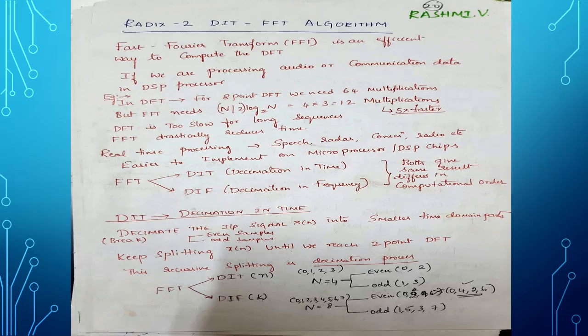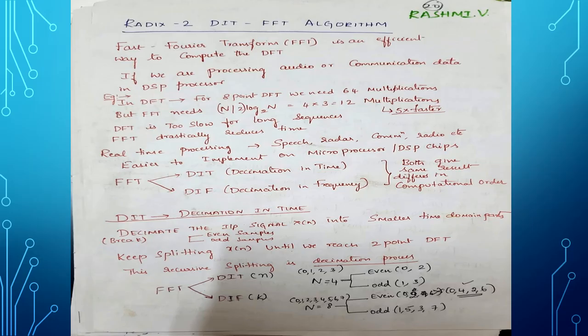We keep splitting the signal x of n until we reach the 2-point DFT. So a long input sequence will be decimated, that is, broken down by even and odd sampling.